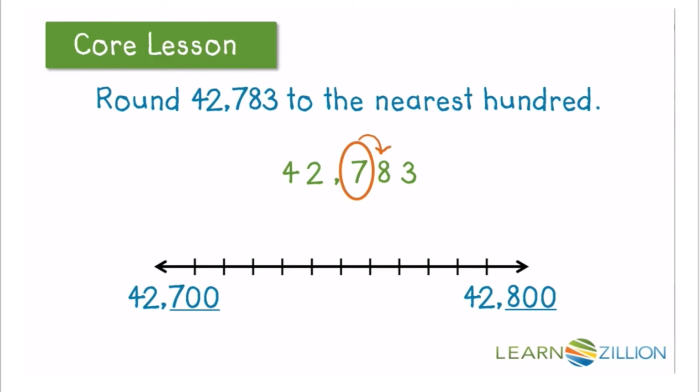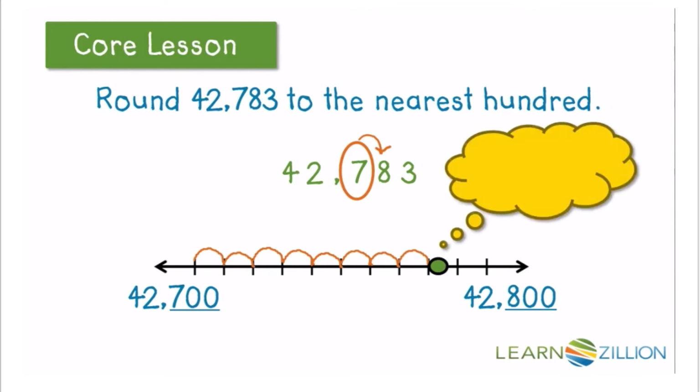So that helps us know that we're going to count by tens and use tens as the increments on our number line. 10, 20, 30, 40, 50, 60, 70, 80. 42,780 would fall about here. This number is closest to 42,800, so this number would round up. Notice when we rounded up that the 7 turned into an 8 and the other numbers turned into a 0.